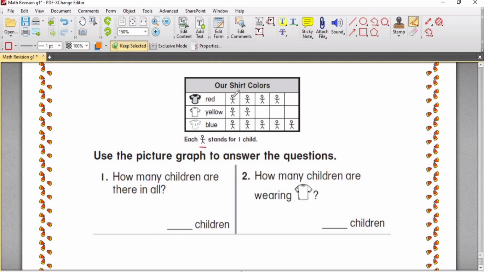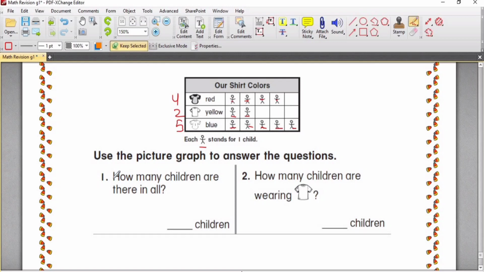Let's count how many children here wear red. 1, 2, 3, 4. So in red we have 4 children. What about the yellow? 1, 2. We have 2 children. And blue? 1, 2, 3, 4, 5. So we have 5 here.